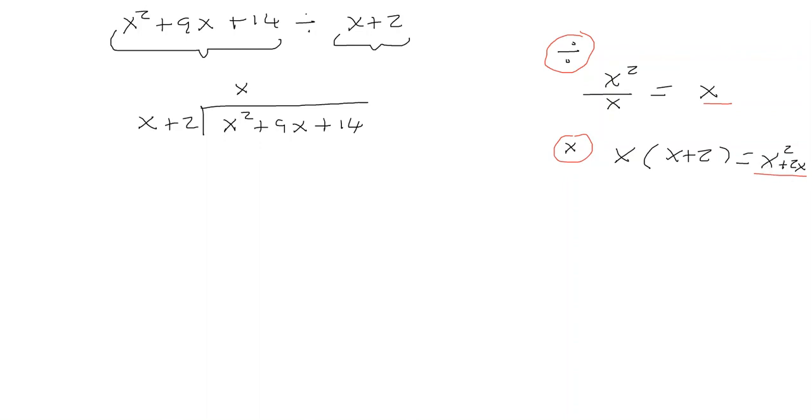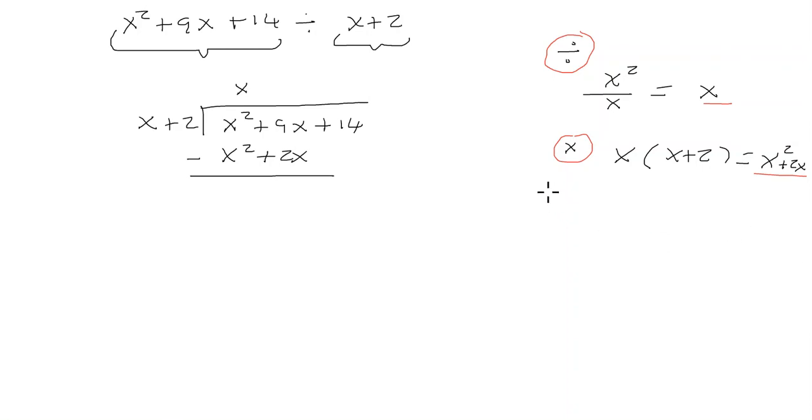You take your answer and write it underneath the larger expression, because you're going to take it away. So it's x squared plus 2x, and then I draw a line underneath and subtract.